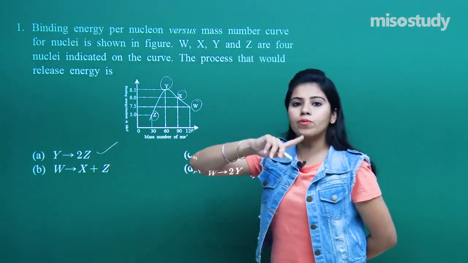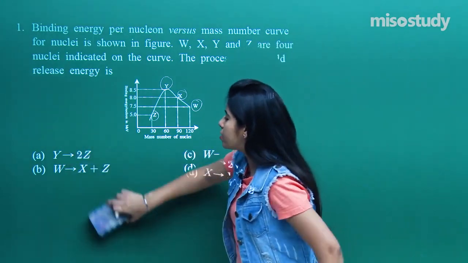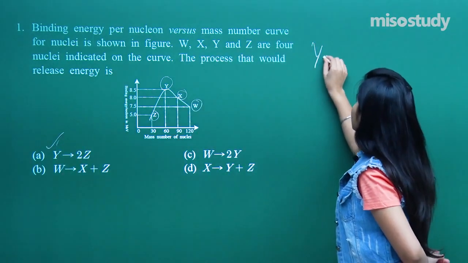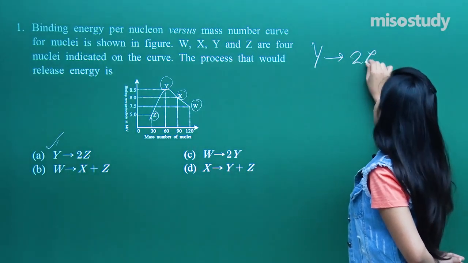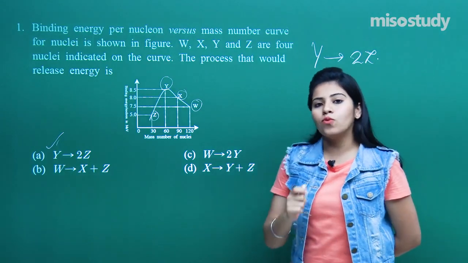Let's start with option A. We are going to solve all the parts one by one. This is saying Y is converting into 2Z. Let me tell you one thing.